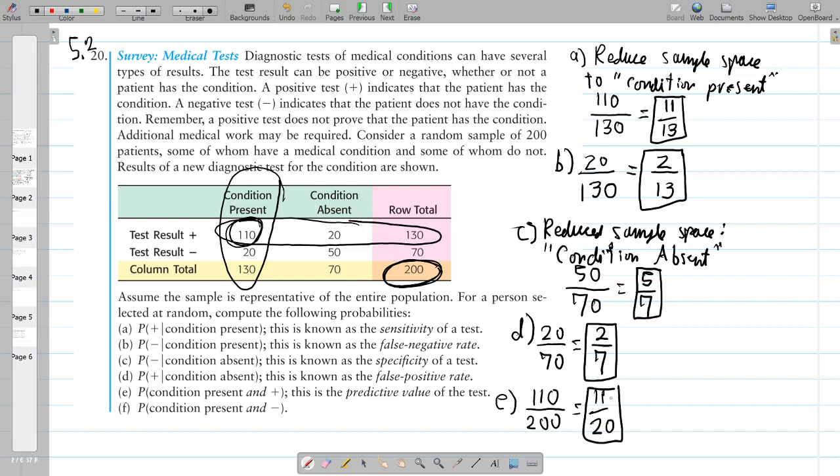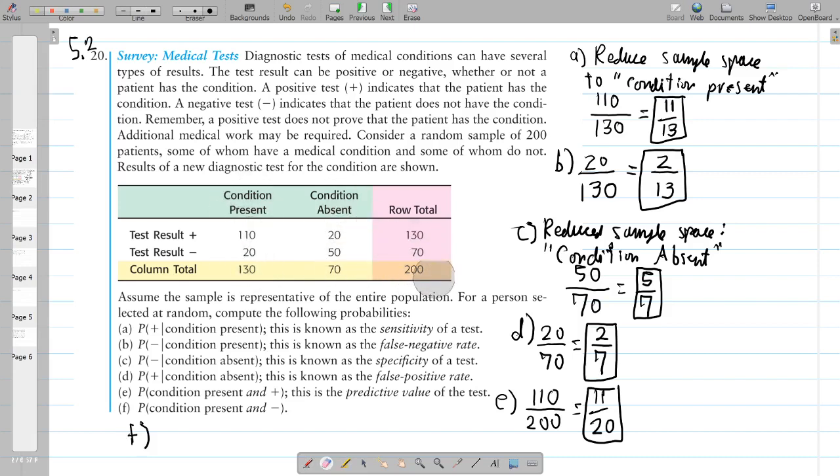Okay, and now let's look at F. Again, F is not a conditional probability. What's the probability the condition is present and we get a negative? There are only 20 in the category of both the condition being present and having a negative.